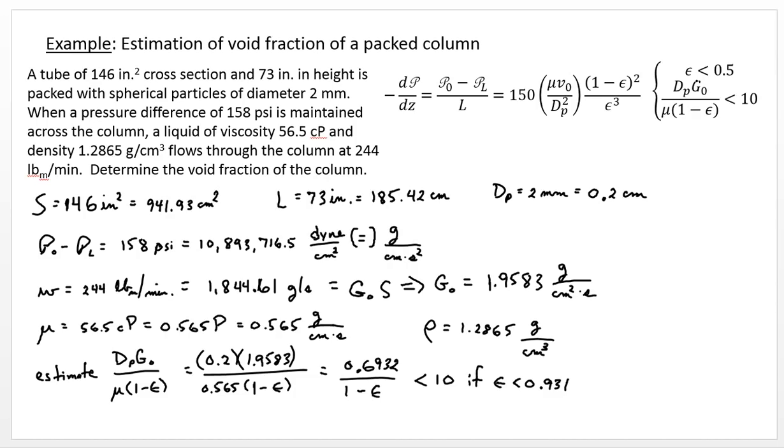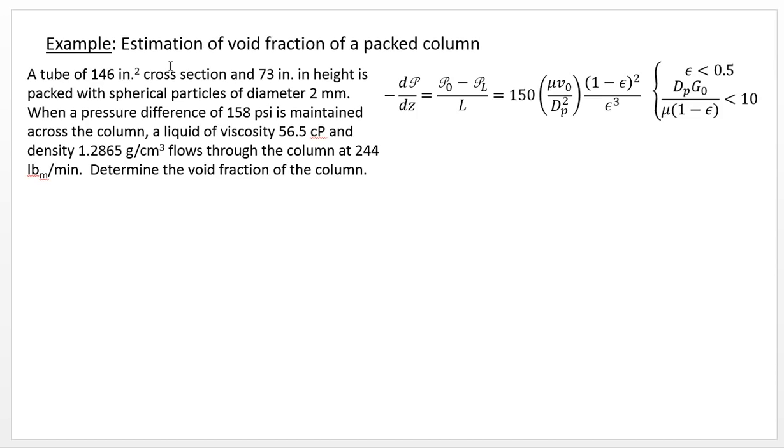And if epsilon is less than 0.5, then this dp g naught over mu times 1 minus epsilon will certainly be less than 10. Then after we finish the result and calculate epsilon, we can go back and check if these two constraints are indeed met. So let's use this correlation then for laminar flow.